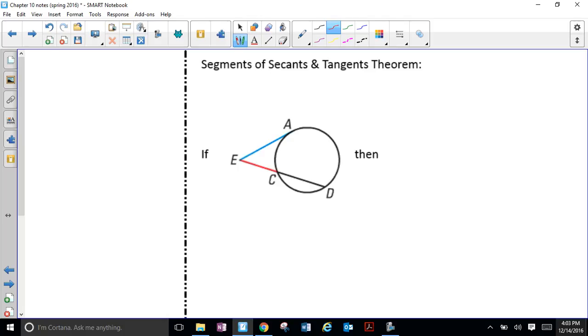But you've got a tangent, segment EA is a tangent segment, and you've got a secant ED. Okay, so what this says is if I take the tangent squared, that is going to equal the secant stuff, the outside piece EC times the whole piece ED.